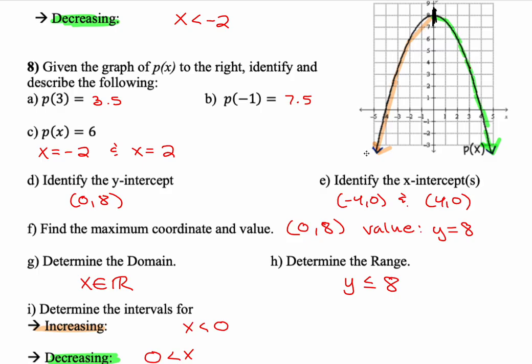I know it's pointing down, but again, it's not talking about the y's. It's the graph, as the graph reads from left to right. This graph would be going up until it hit the y-intercept, and then the graph actually comes down. So anything bigger than 0 is when the graph is decreasing.